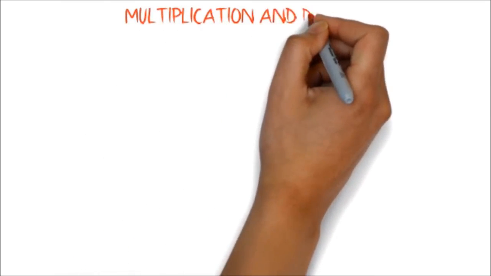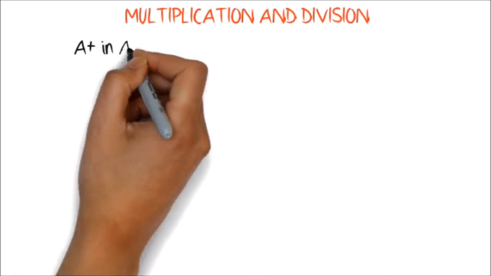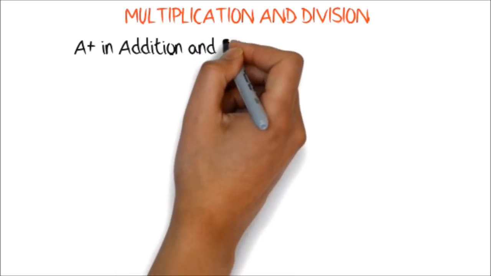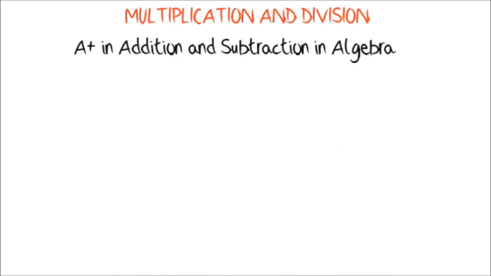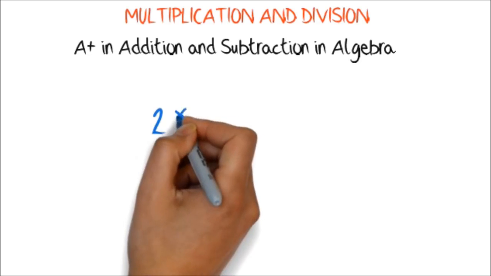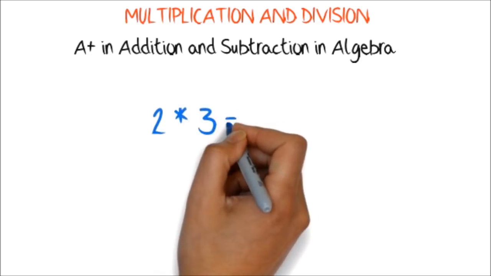Multiplication and division. We are now familiar with addition and subtraction in algebra. I hope you have mastered it because it is a step-by-step course and we have carefully chosen the order to make you good in algebra. I'm sure you can do these. What is 2 times 3?